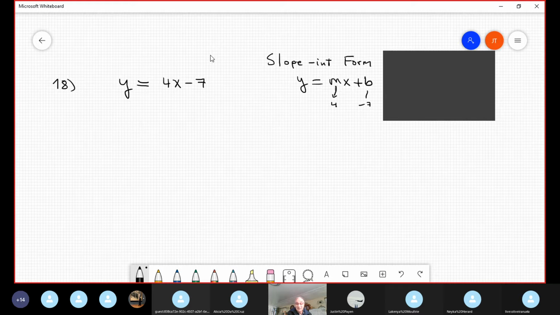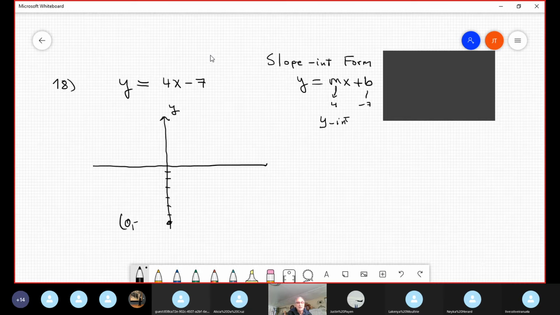And b represents always the y-intercept. So when you are doing the graph, this is an important moment, guys. You do not necessarily have to do the table. You plot the first point, which is -7, the y-intercept, on the y-axis. 1, 2, 3, 4, 5, 6, and 7. This point is the point 0, -7 because b is -7.